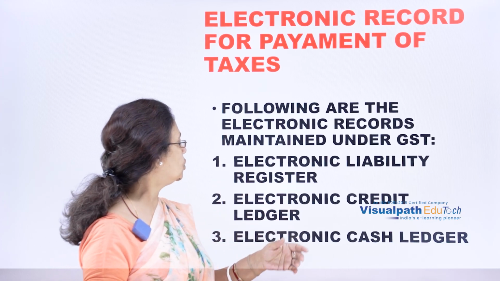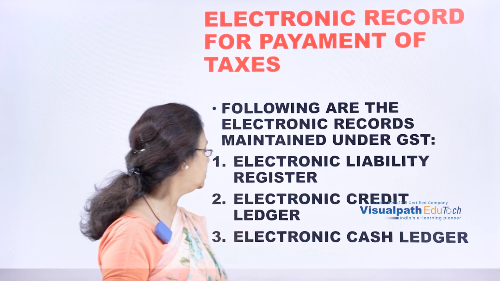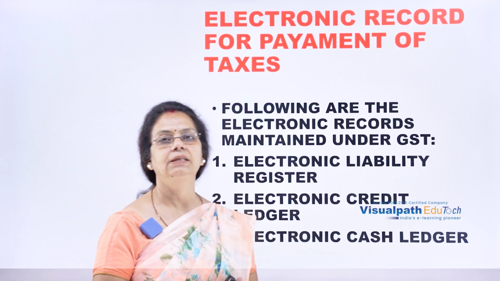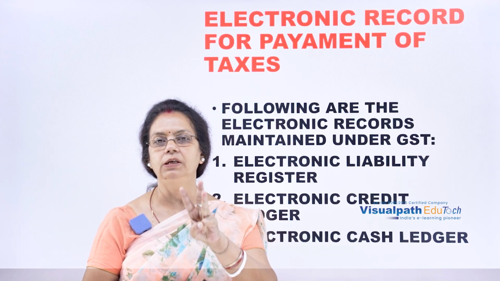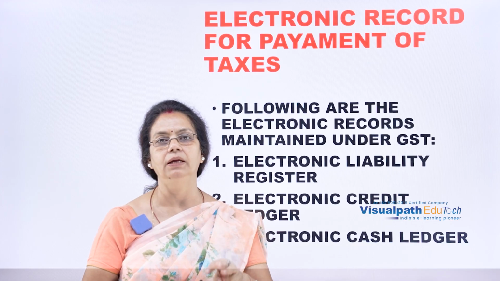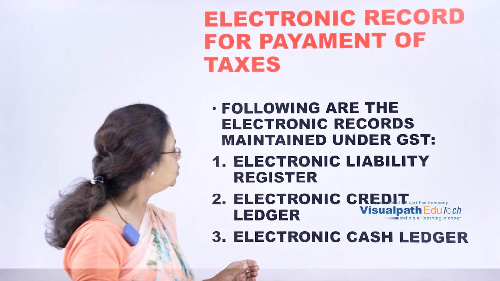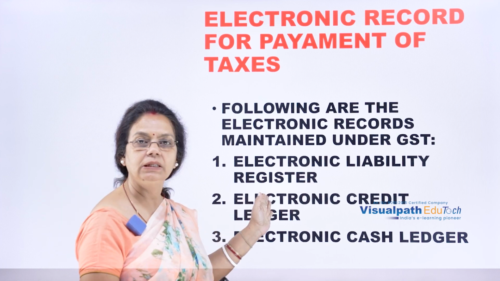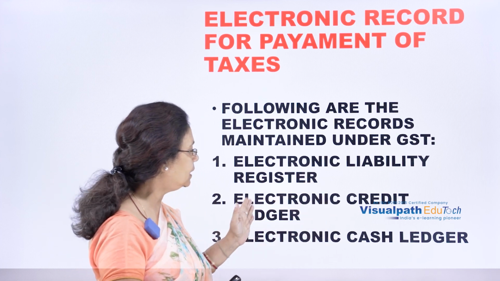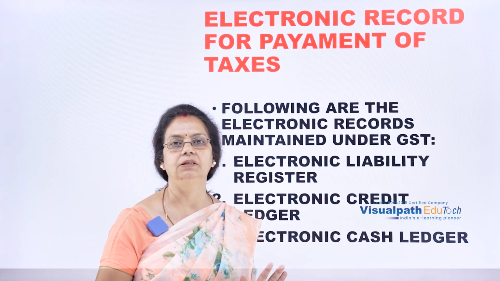Number two, electronic credit ledger. And number three is electronic cash ledger. So three different types of documents are maintained by the electronic tax recorder.